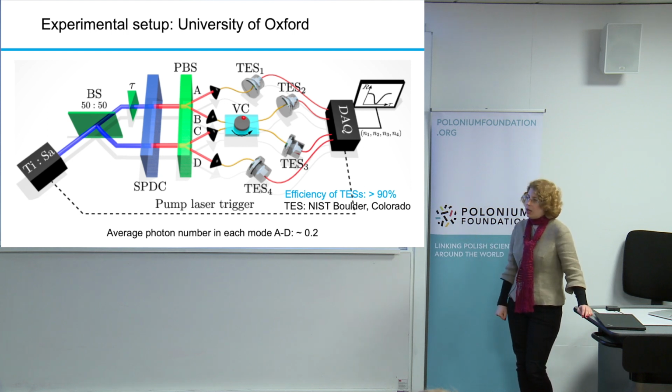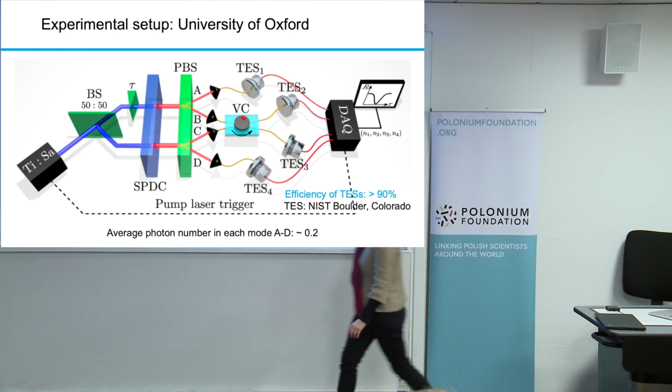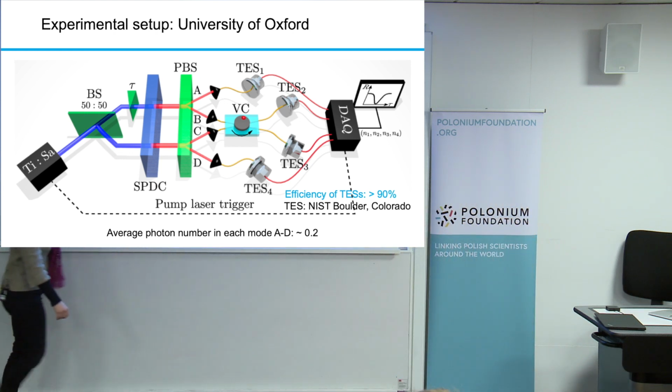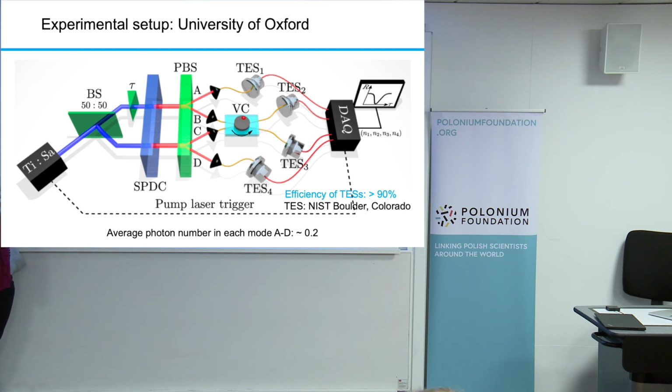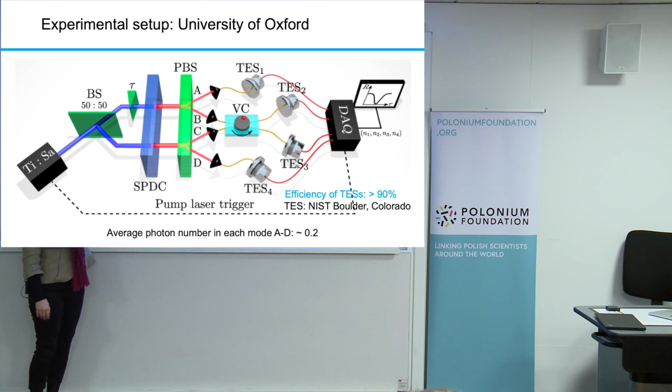This is a typical quantum optical scheme. It starts right here because we need energy from somewhere. So this is a laser. This laser then pumps a second-order nonlinear crystal, the source of quantum light.